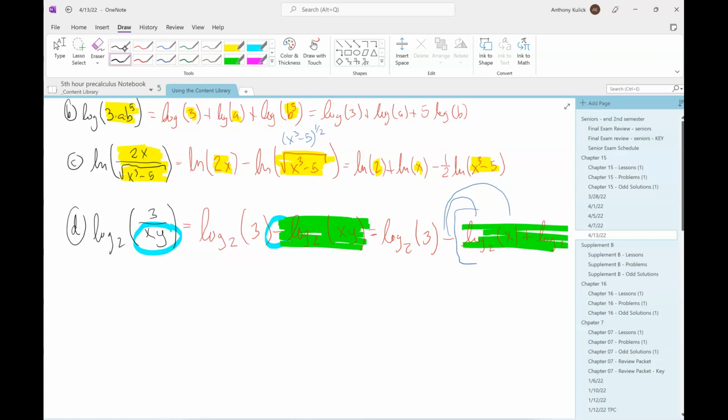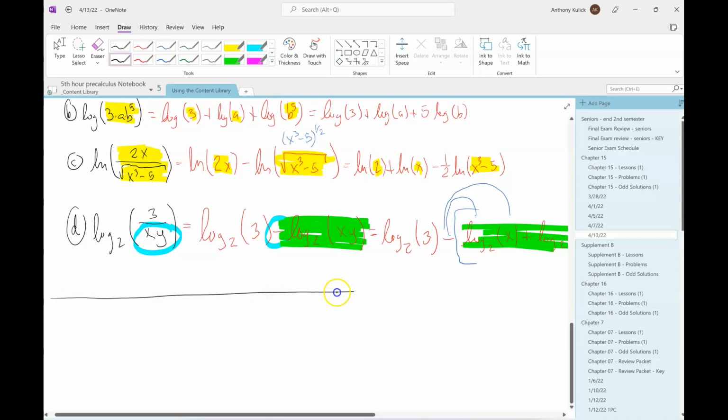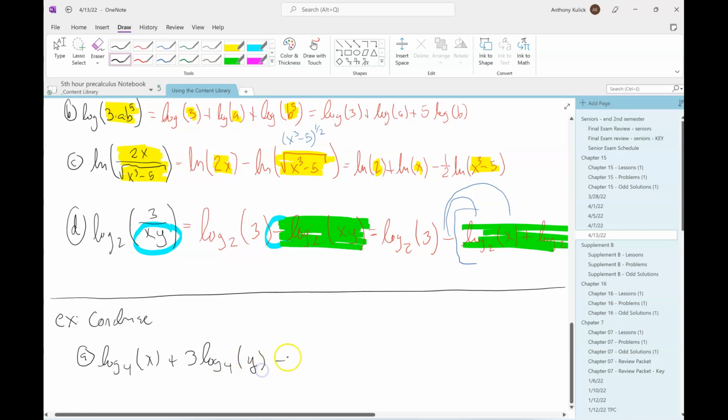Let's do some condensing problems. So here we're going to take many logs and write them as a single logarithm, if possible.